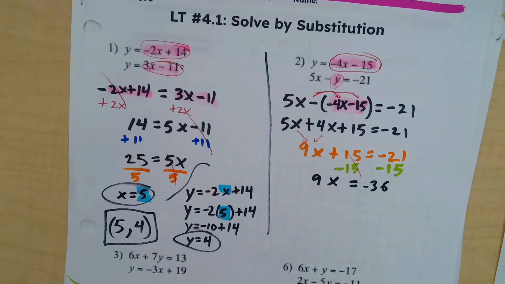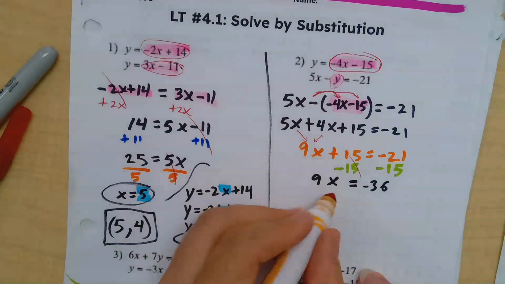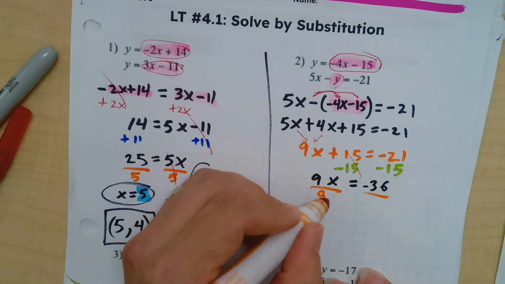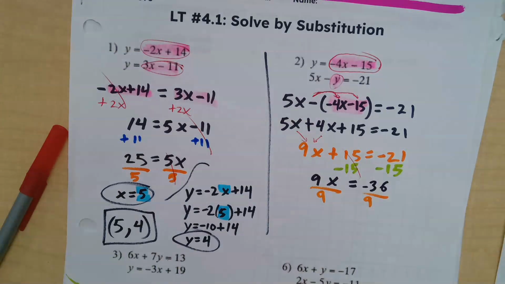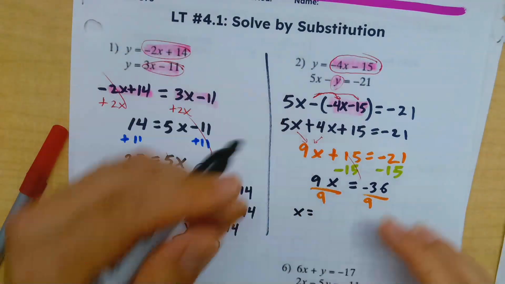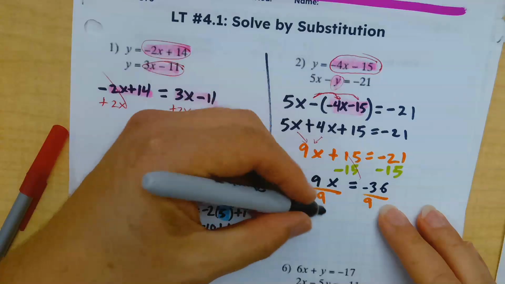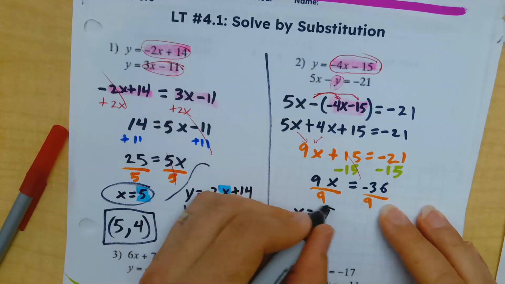And now my final step is I'm going to divide everything by 9, and then I get x equals negative 36 divided by 9 is negative 4.